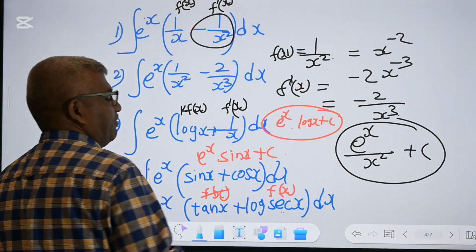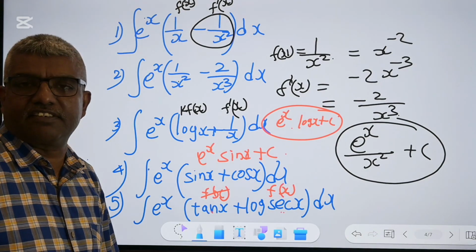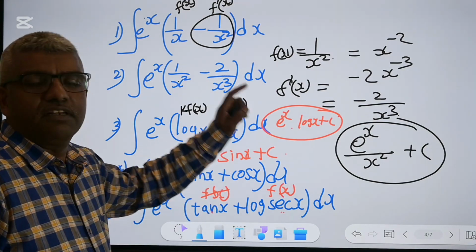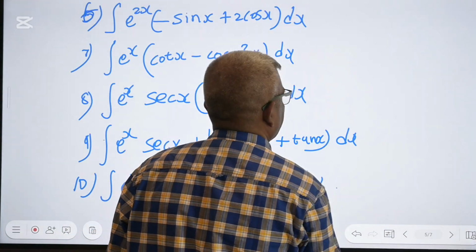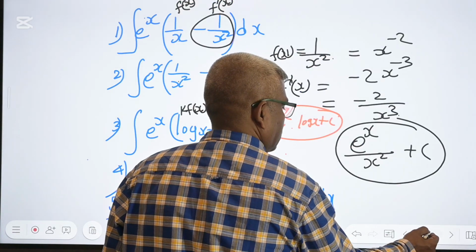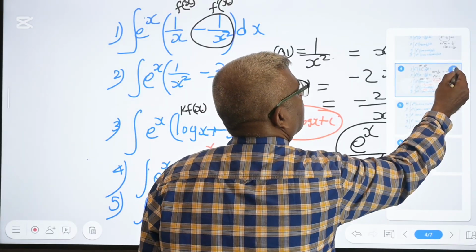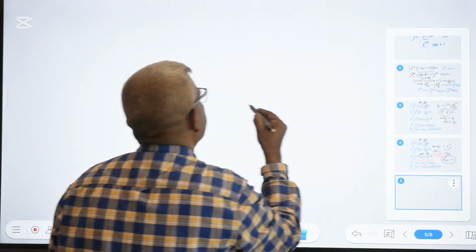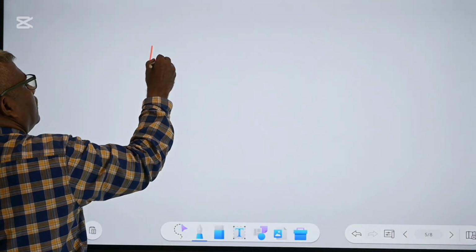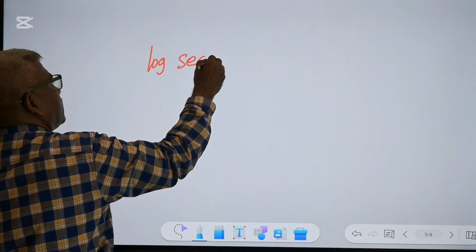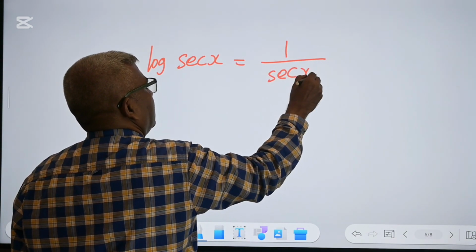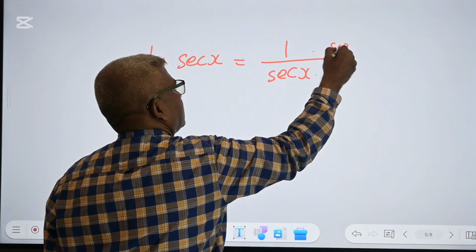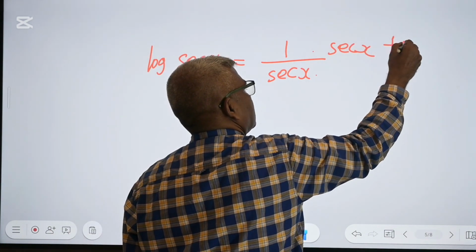This may be f of x. Let us see. Log secant x, f of x. Log secant x, you differentiate: 1 over secant x, then secant x differentiate secant x tan x.